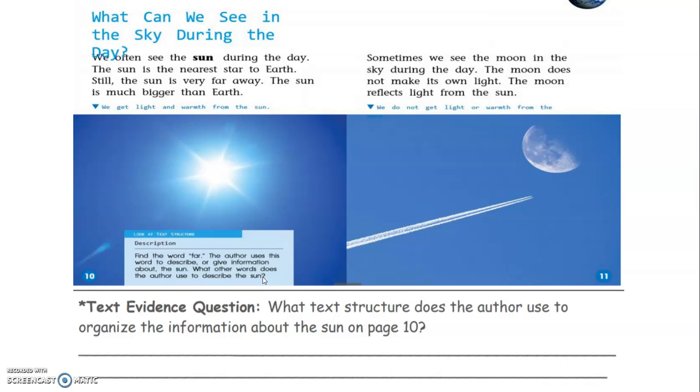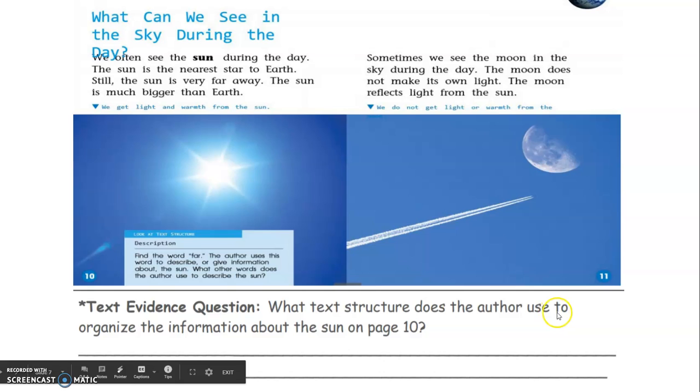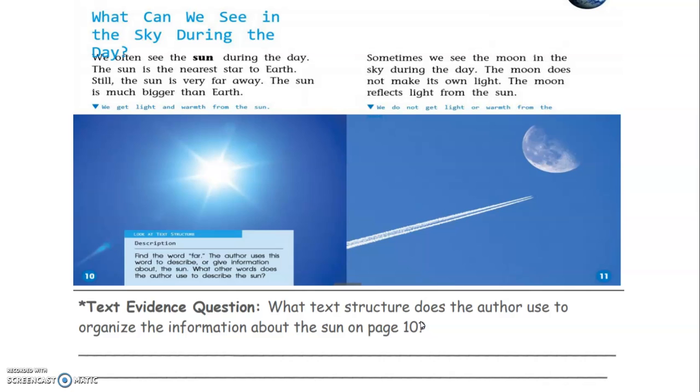What other description word? All right, and here's our text evidence question. What text structure does the author use to organize the information about the sun on page 10? How do they organize it? In time order? In chronological, which is time order?